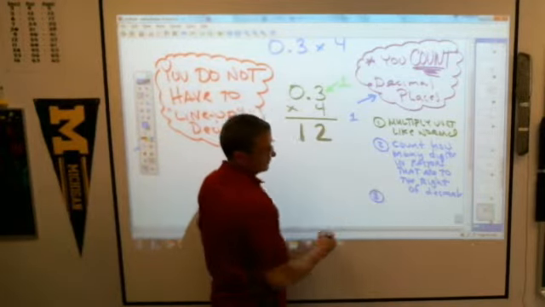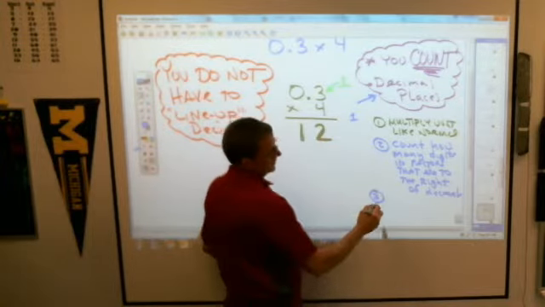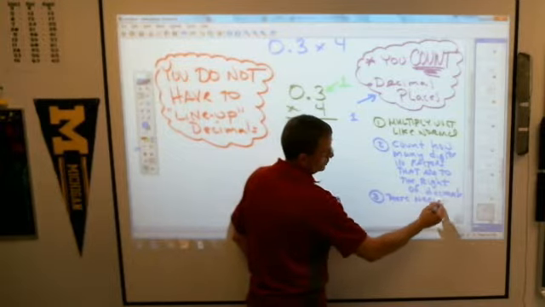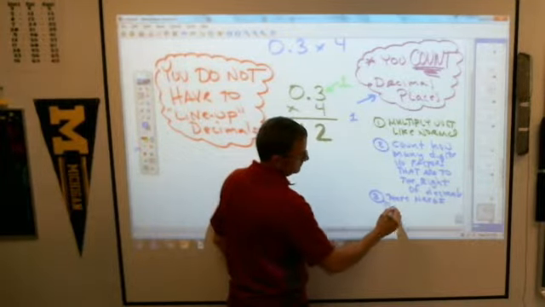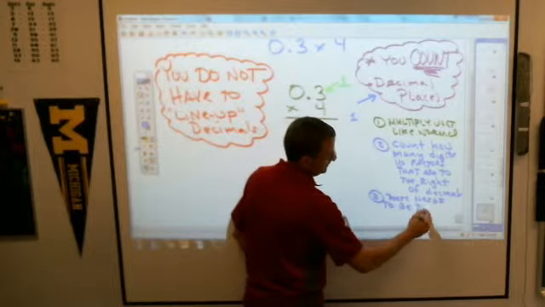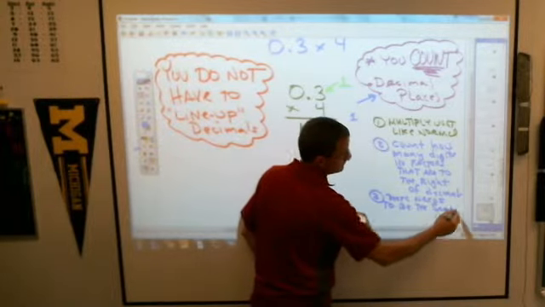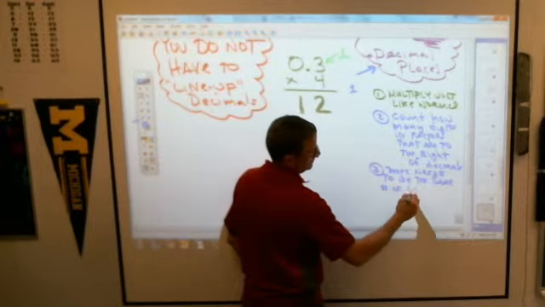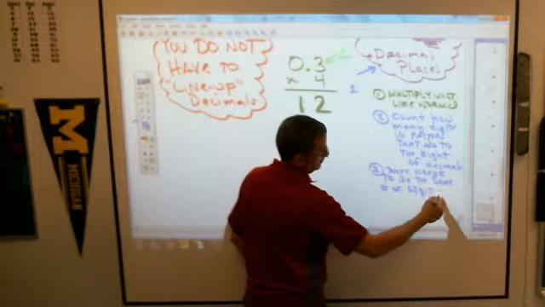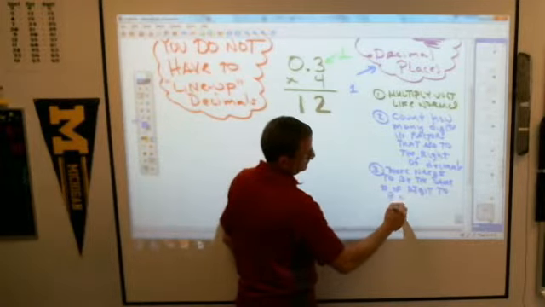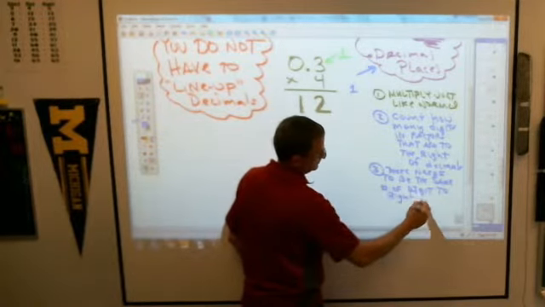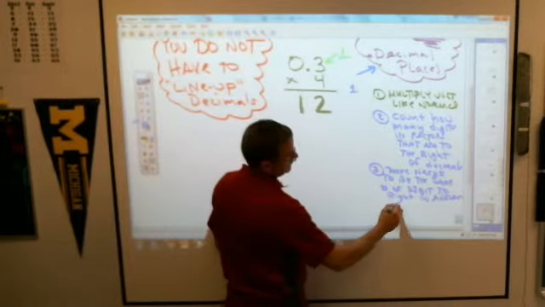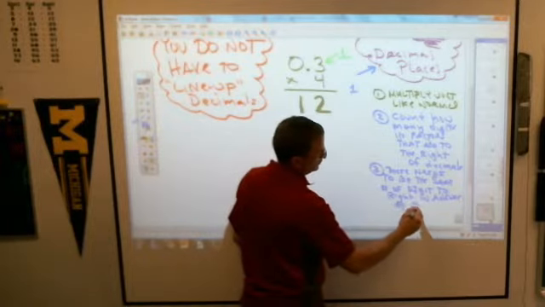That's where step 3 comes in. There needs to be the same number of digits to the right in your answer as you got for number 2.